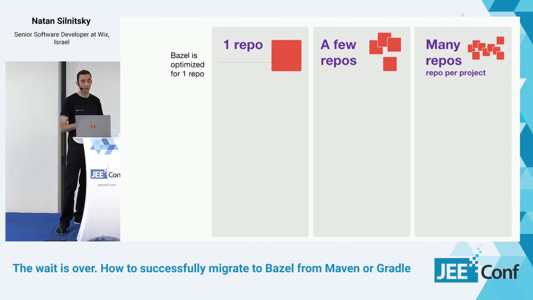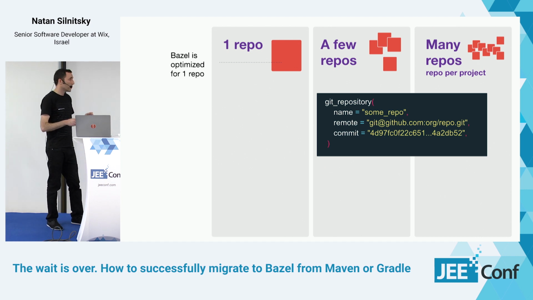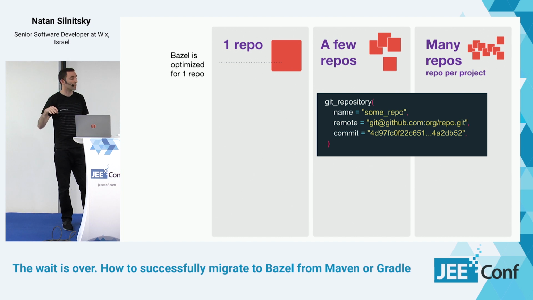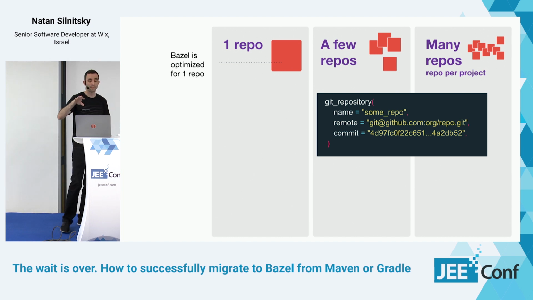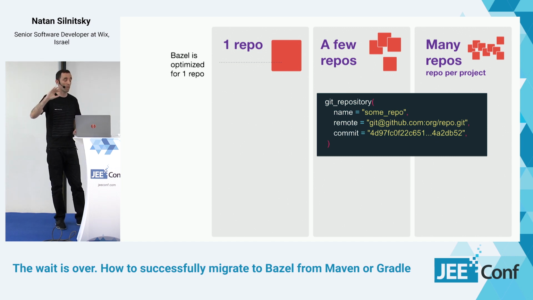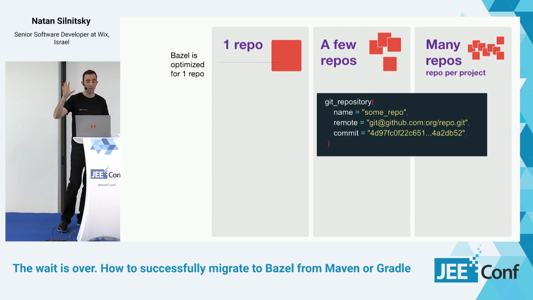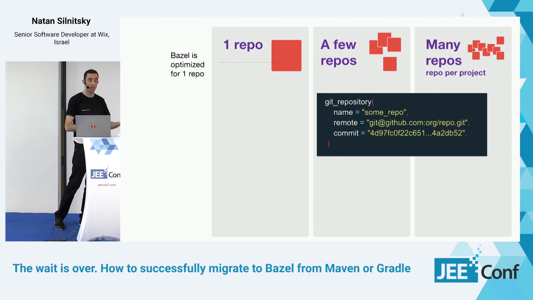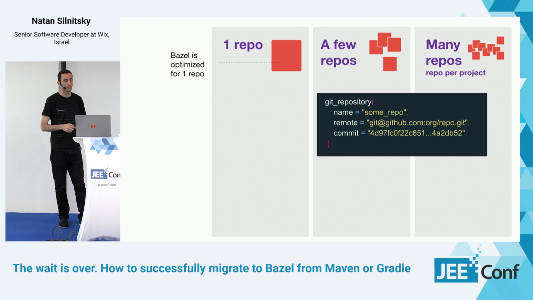So let's start. If you have more than one repository, you need to have a definition in Bazel for all the source files that it depends on from external repositories. So you define an external Git repository, and the commit or the branch that you depend on, and then Bazel will understand that it depends on this repository, will clone it, and then compile the sources from it.